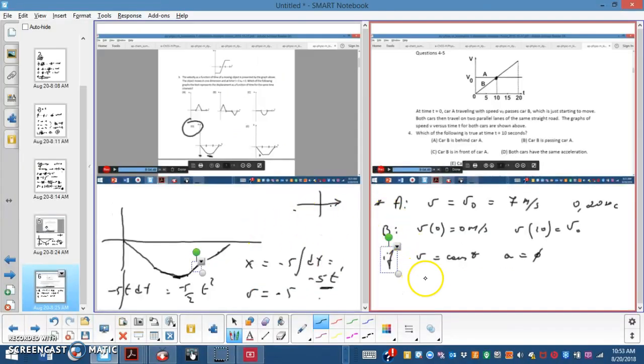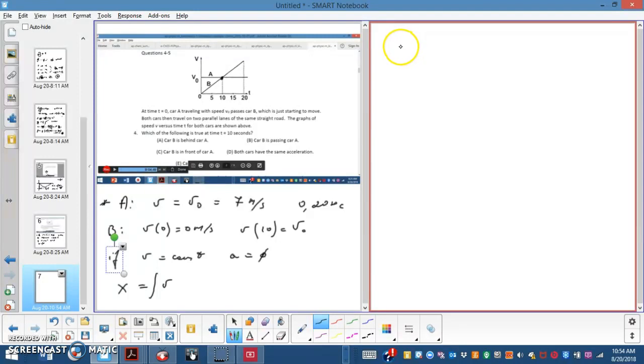So let's keep focusing now on the position instead. If you're looking at positions, when you have velocity, you know the position is the integral of the velocity itself. So you integrate the function of velocity, and you come up with the expression for x, the position. If your equation is v equal v0, this value is just a constant.